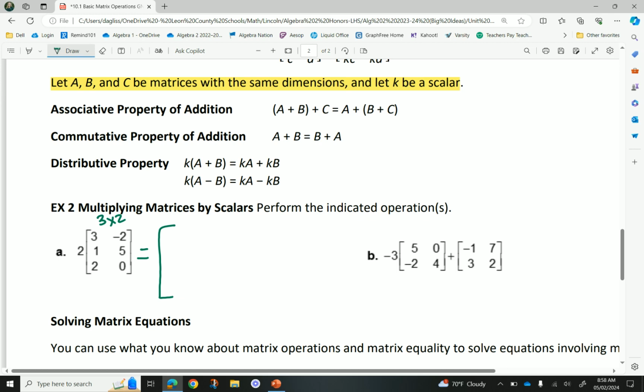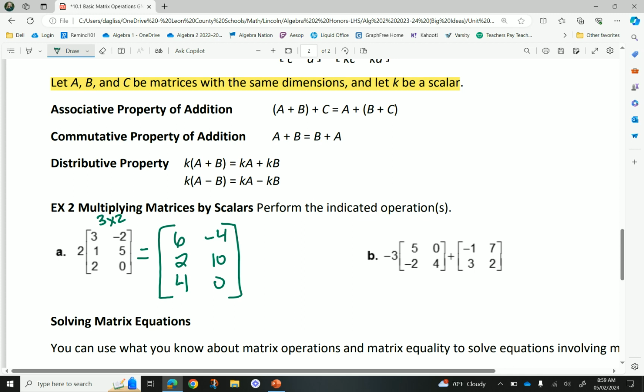So what is 2 times the first column, that first vertical line of numbers? 6. Yep. 2. There you go. Good. David, how about my second column? -4. There you go. Yes. We good? Still easy? Yes.